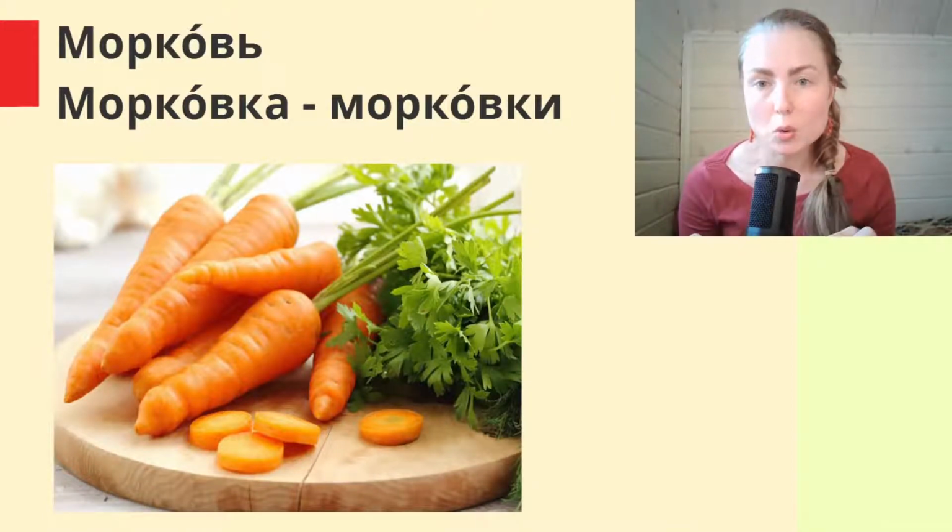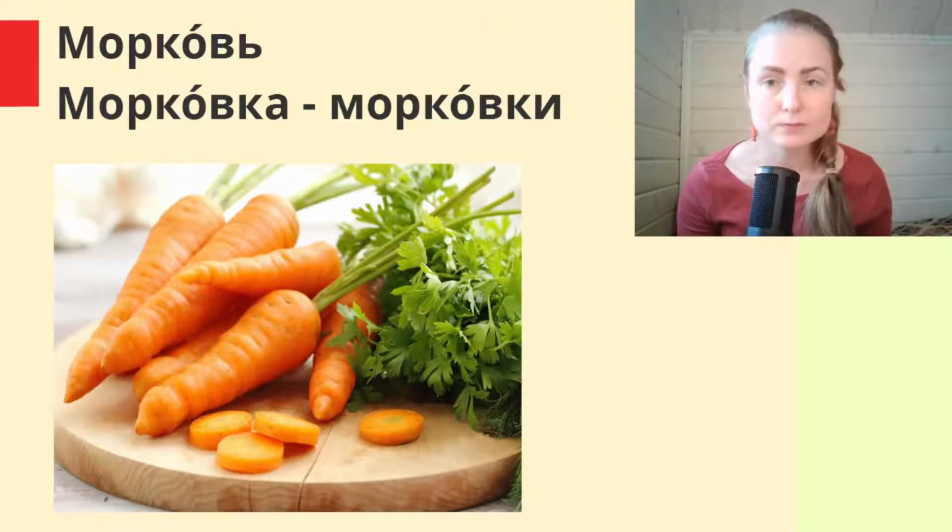So how do we pronounce it? The second O is stressed, so I pronounce a very clear O, морковь. But the first O doesn't have an accent, so I pronounce it like A, морковь.